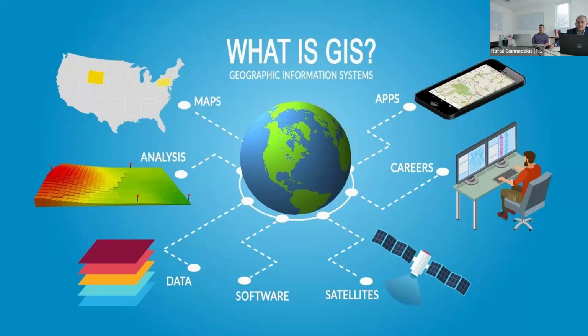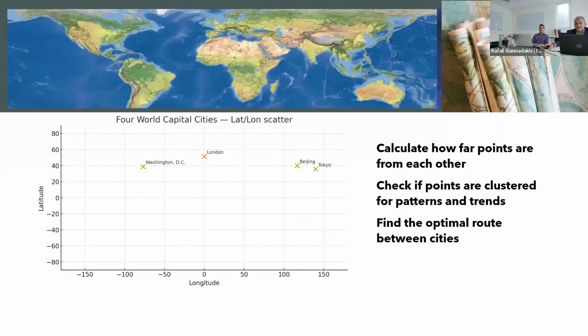So the technological tool of satellites makes progress for GIS. If we have a GIS, the first thing that comes to our mind is where is someone?